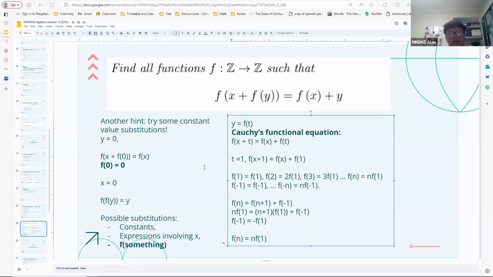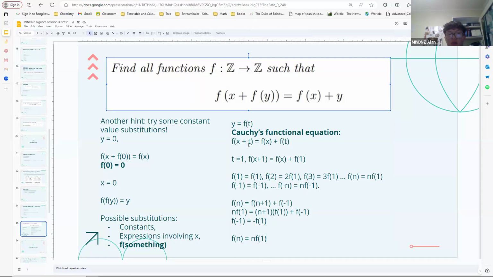The problem is still not solved because we don't know what f of 1 is. F of 1 is still not confirmed. So if we plug in f of 1 back into the original equation, we will be finished.